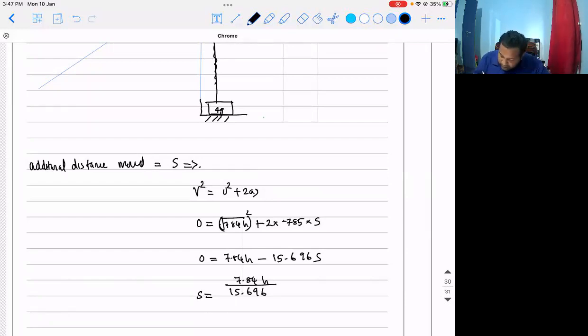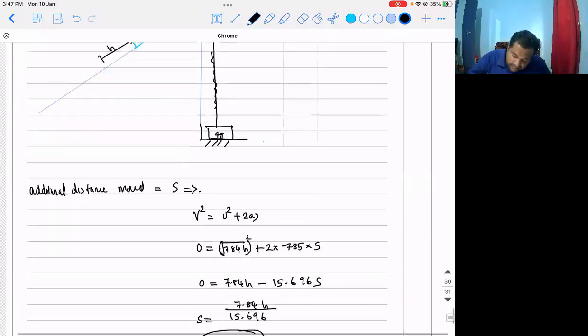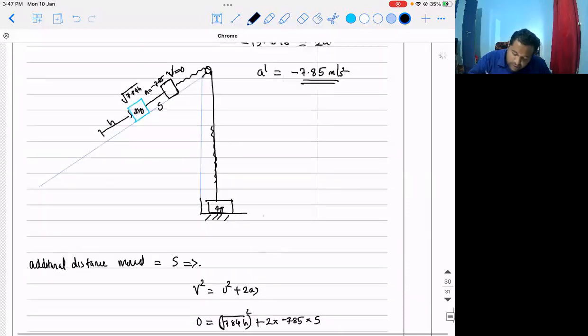So S is equal to, if you're rounding, 0.5 h. So that means additionally, this is moving 0.5 h.